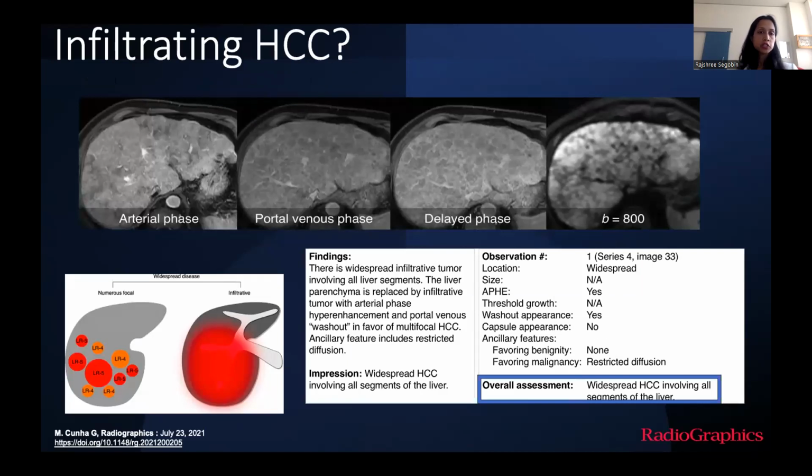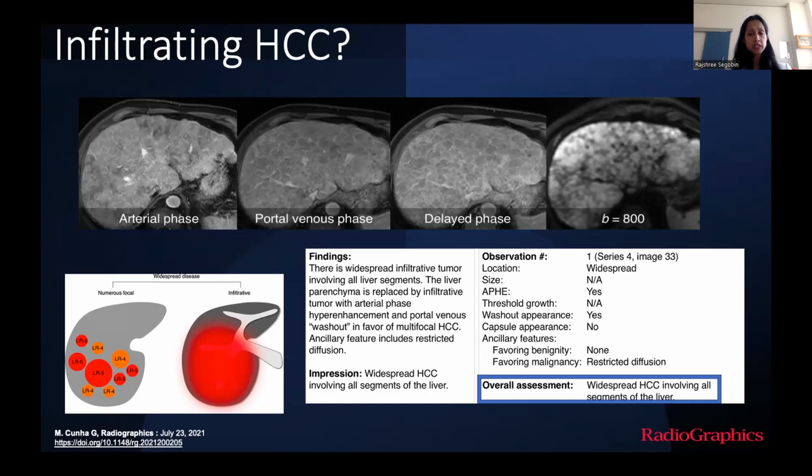And what if it's infiltrative HCC, which often can look very much like hypervascular metastasis, diffuse metastasis, or a liver which is filled with regenerative nodules? In these cases, you would have to look at the enhancement patterns. For example, in this case here, you can see there's enhancement in the arterial phase that is classically washing out on portovenous phase, with the appearance of pseudocapsules and with marked restriction on the diffusion imaging.